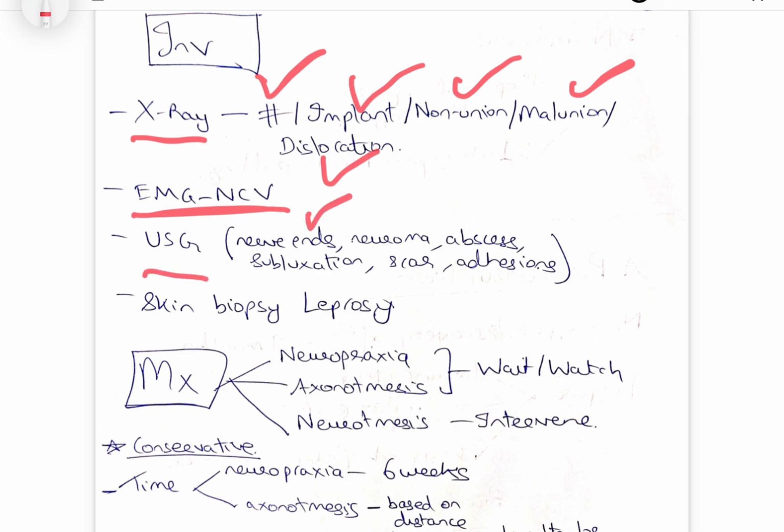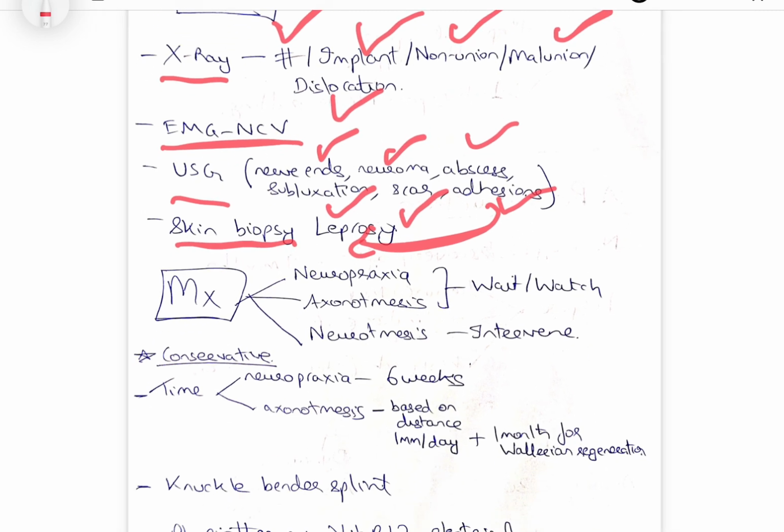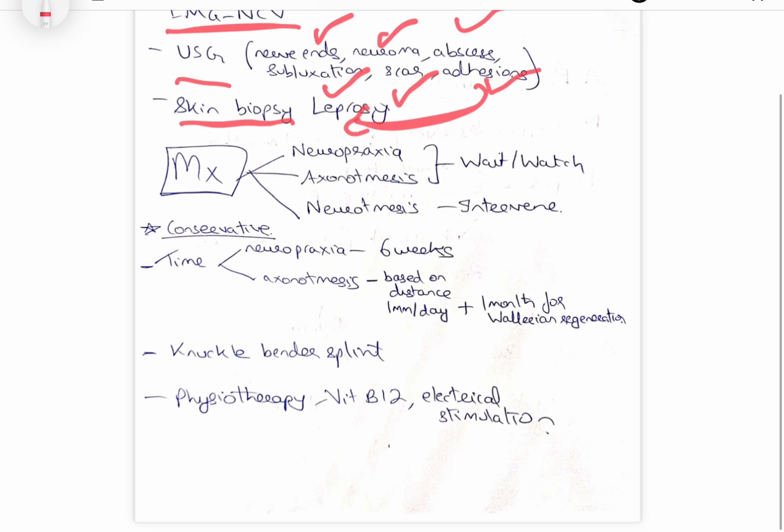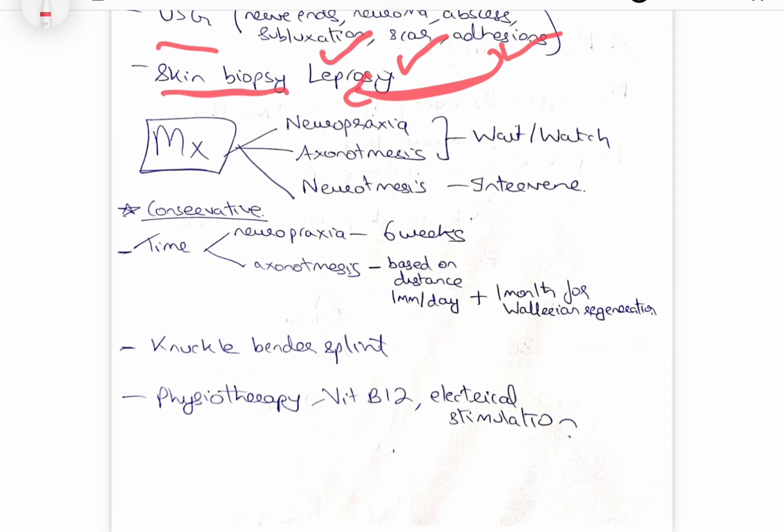We check the nerve ends, neuroma, abscess, subluxation, scars, adhesions, all these in leprosy when we are suspecting Hansen's disease. And additionally, importantly, we do a skin biopsy when we are suspecting a picture of leprosy. Okay, so these are the basic investigations. So moving forward quickly, how do we manage a case of ulnar claw hand? In neuropraxia and axonotmesis, we usually go for a wait and watch approach.